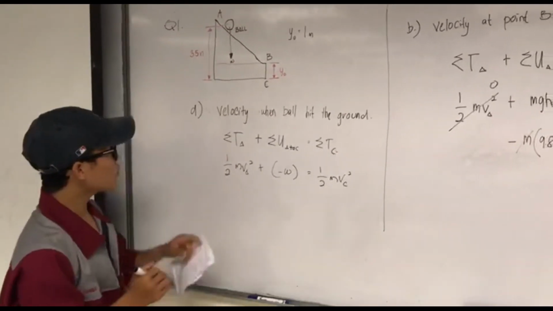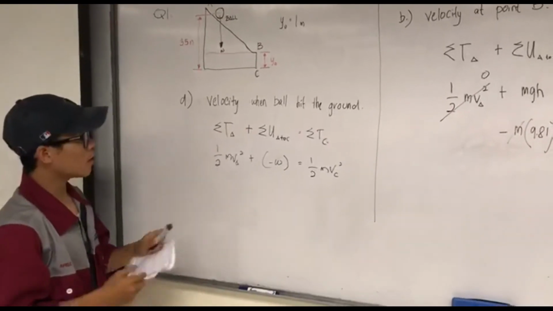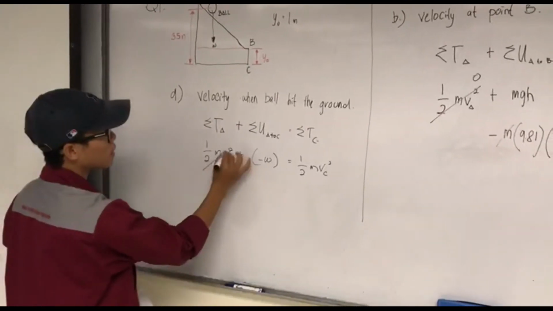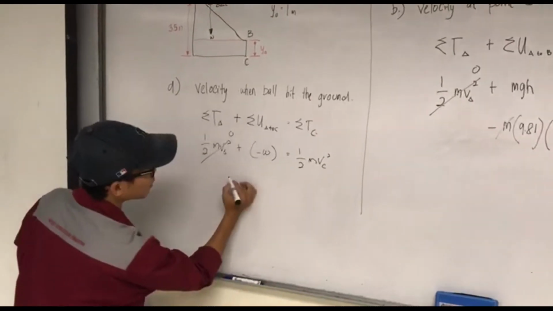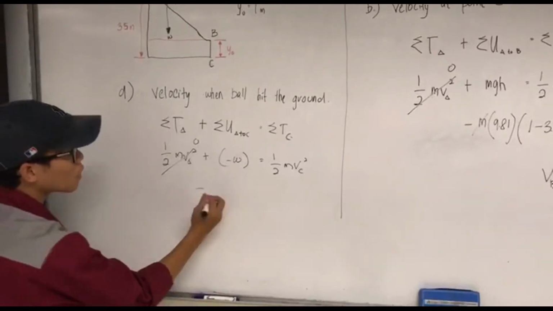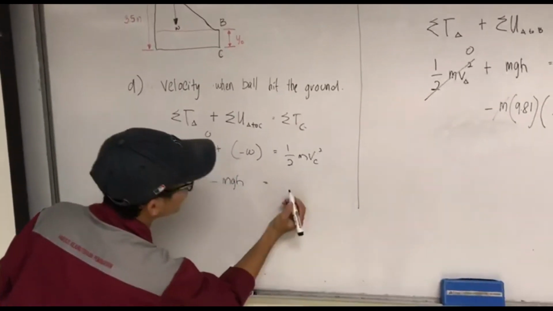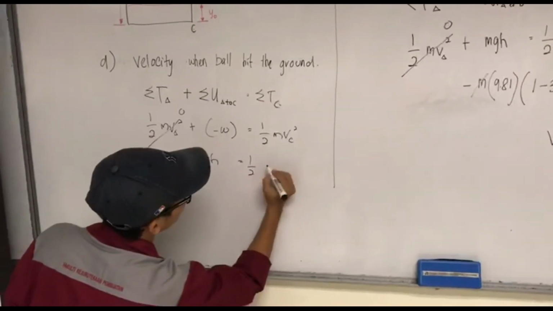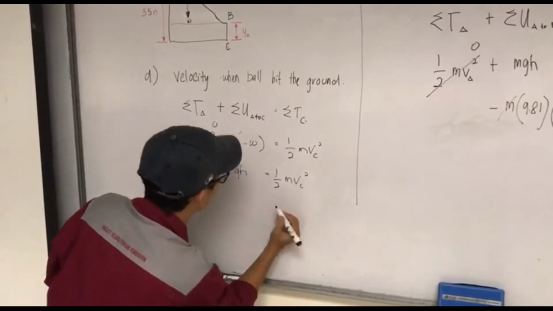So as we know, at point A no data is given, so we can cut it to zero. So negative plus negative, we get a negative W, mgh, equals 1/2 m v squared.